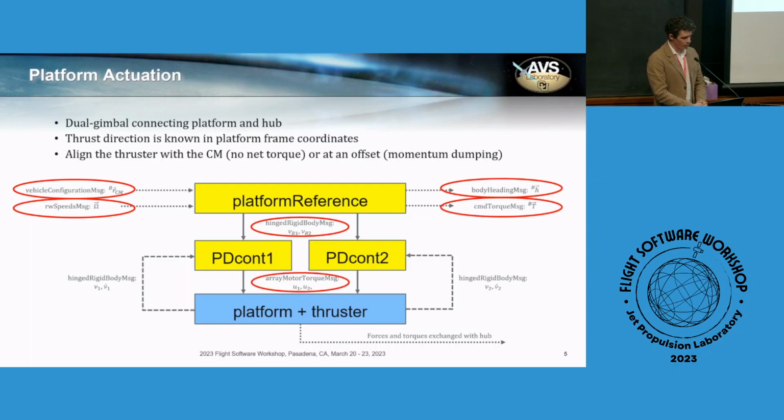And these PD controllers compute a torque that is then fed to our platform and thruster assembly, which are simulated components. Knowledge of what the platform is doing in real life is also fed back into the PD controller, because that's based on the difference between those reference angles and angle rates and the current angle and angle rates. That's how we compute the torque that actuates the platform.